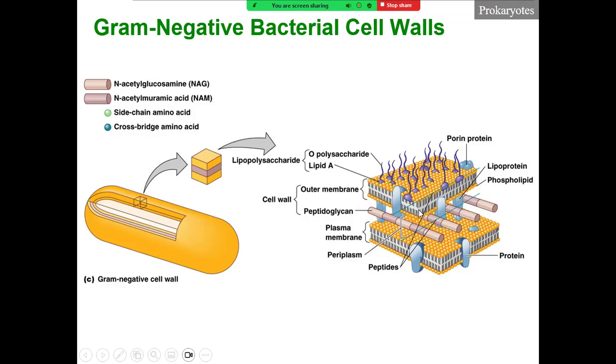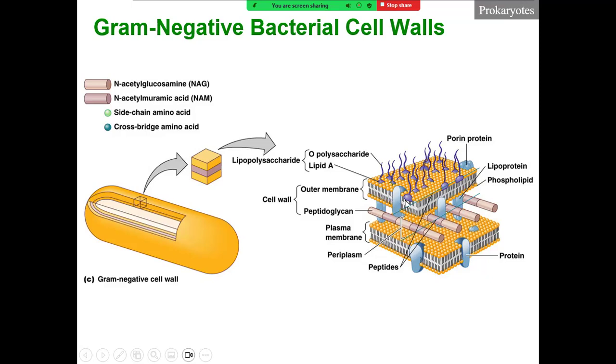This lipid bilayer is called the outer membrane of the cell wall. This layer of that outer membrane is actually very similar to the cell membrane. The main molecule is phospholipid.